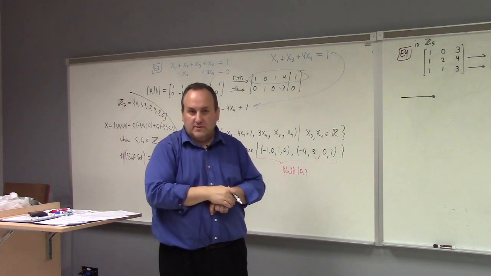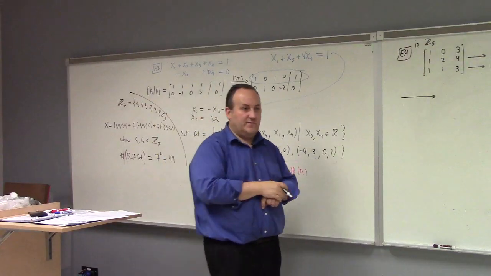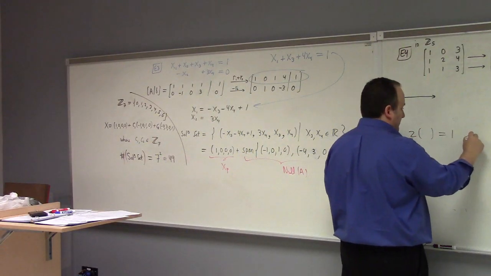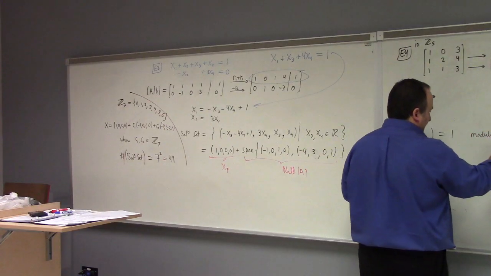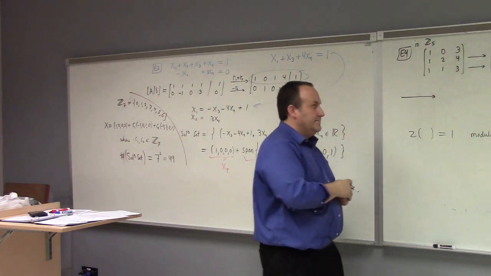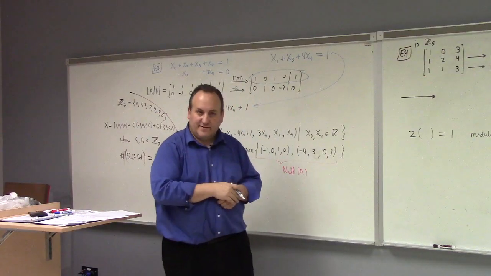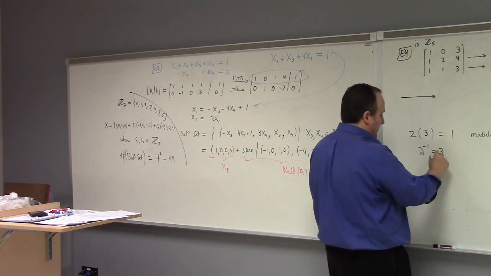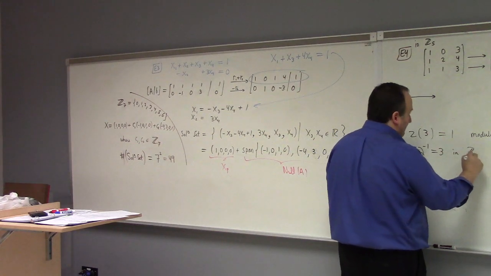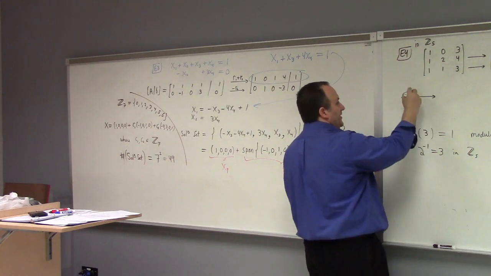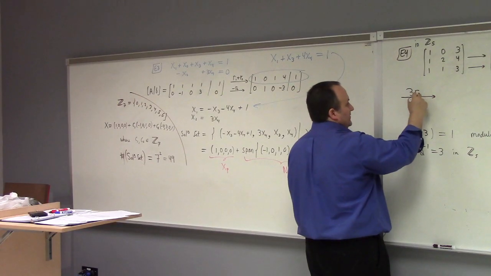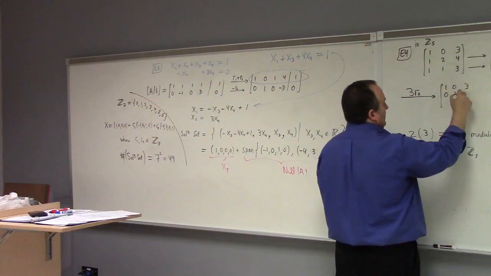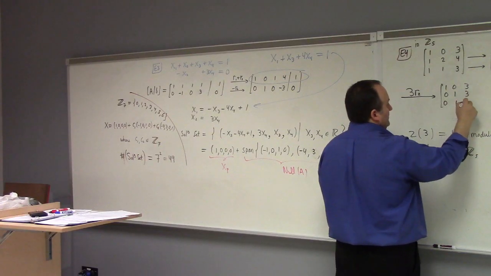How do I do that? 2 times what is equal to 1 mod 5? Three, very good. So 2 inverse is equal to 3 in Z5. So if I do 3 times row 2, that would bring us to 1, 0, 3, 0, 1, 3, 0, 1, 0, right?